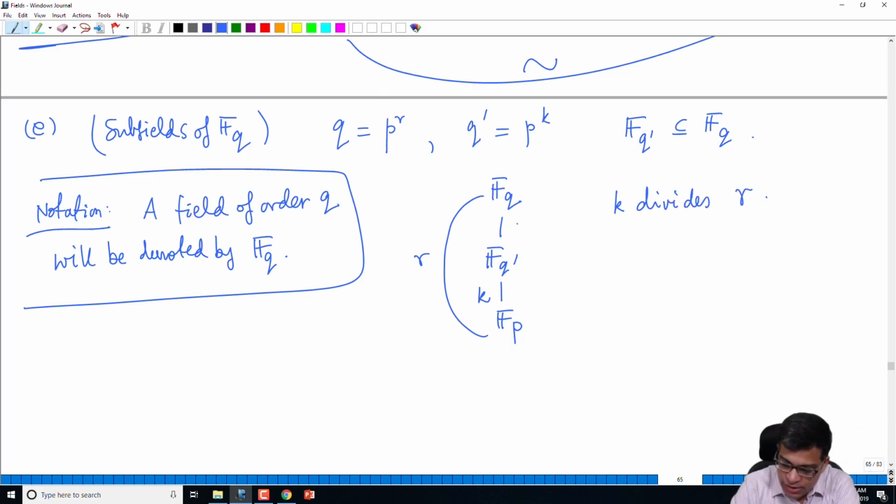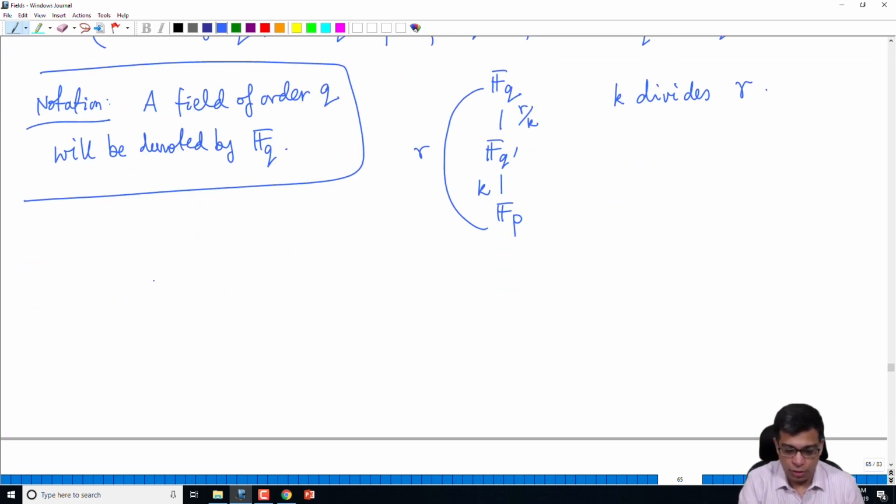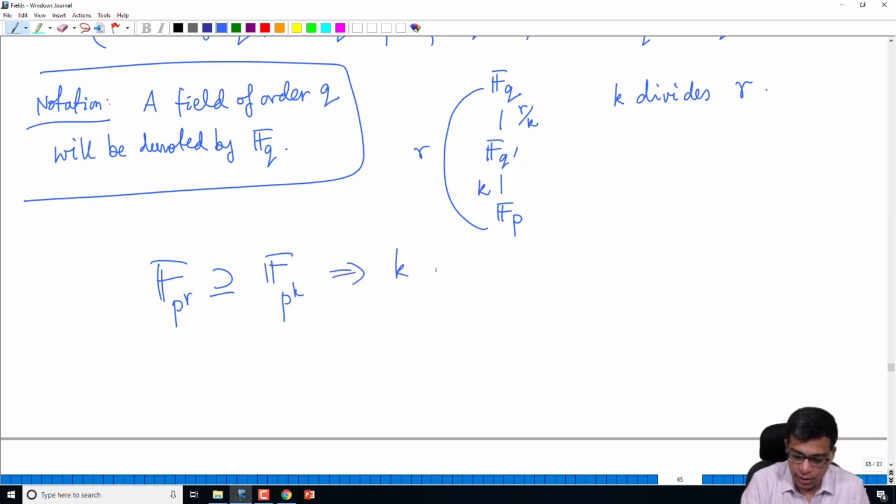In fact, the degree of Fq over Fq prime will be r by k, so the product of these two is r. So the statement we have just proved is that if F_{p^r} contains F_{p^k}, then k divides r.